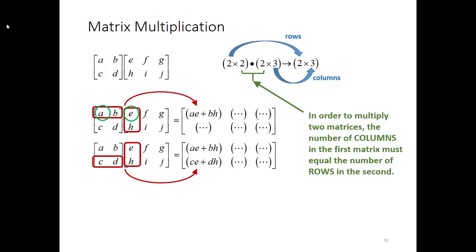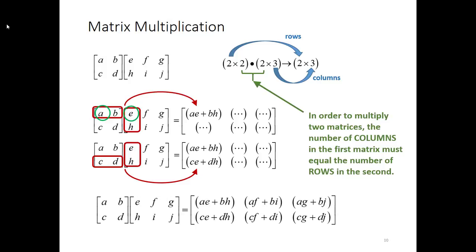So that gives me my second term, CE plus DH. And I just continue this process, going back and forth the rows of the first matrix and multiplying them by the columns of the second matrix. So I end up with a complete 2x3 matrix as shown here.